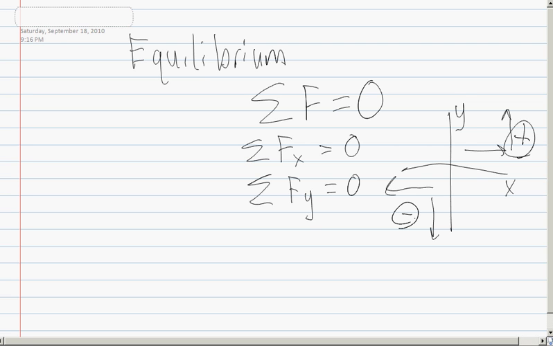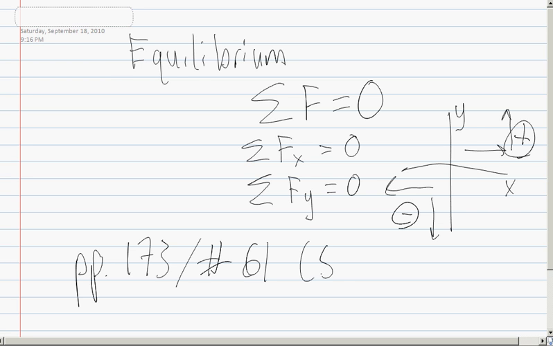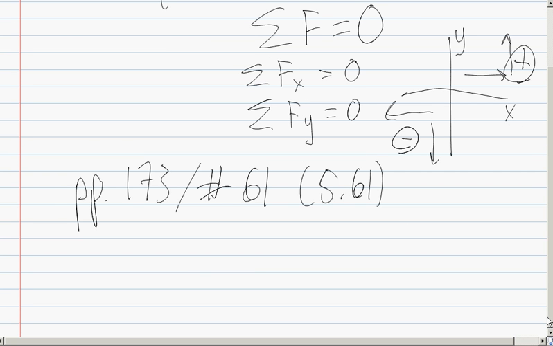The one we're going to do is actually on page 173, number 5.61. If you look at the picture, it shows 2 cables attached to a ceiling.